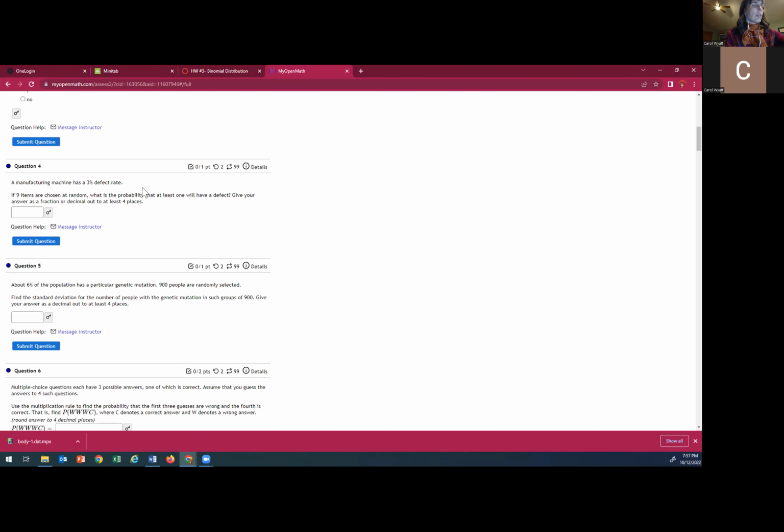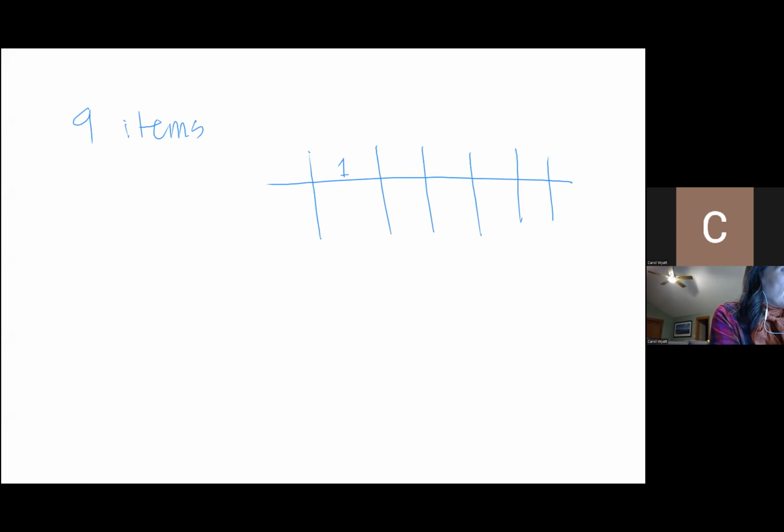Again, that's a really important concept I hope you all get, that if we have 9 items chosen at random, think about the number of items that could be defected. I could have none defect, 1 defect, 2 defect, 3 defect, 4, 5, 6, 7, 8, or 9 defective.